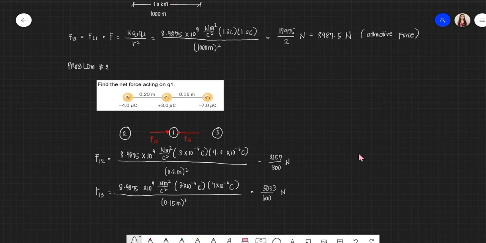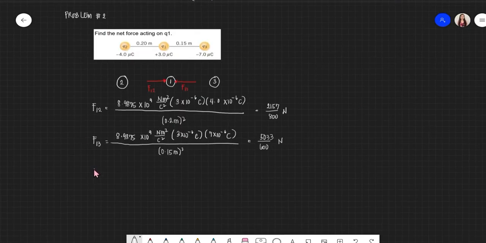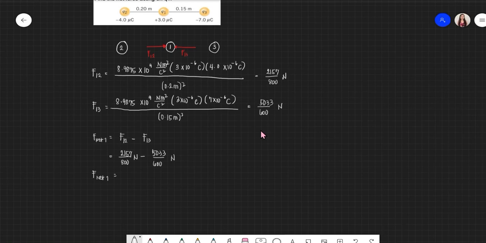So the net force acting on Q1, F net on 1, is equal to, so the force F12, or the force exerted by 2 on 1, is directed towards the right. So that's positive. And because F13 is directed towards the left, so minus. So 2157 over 800 Newtons minus 5033 over 600 Newtons. Let me just reverse the notation.